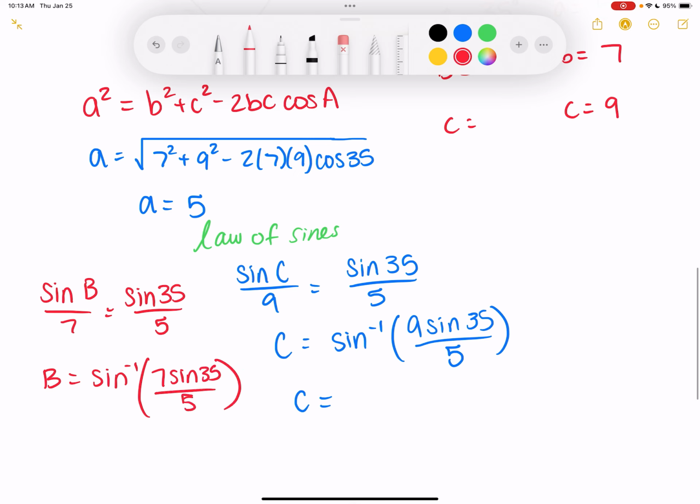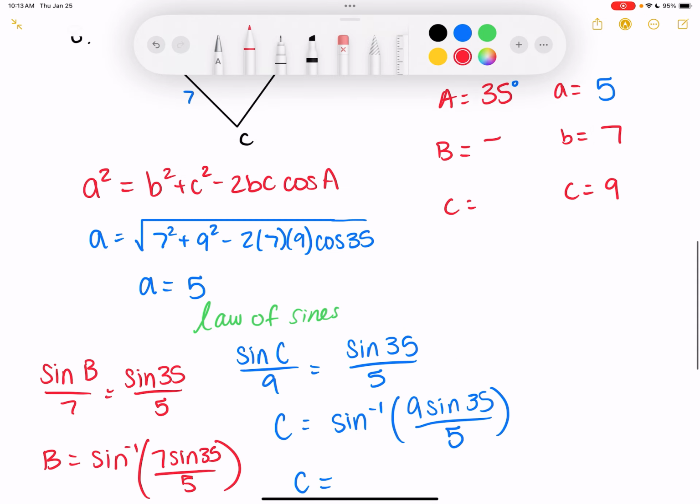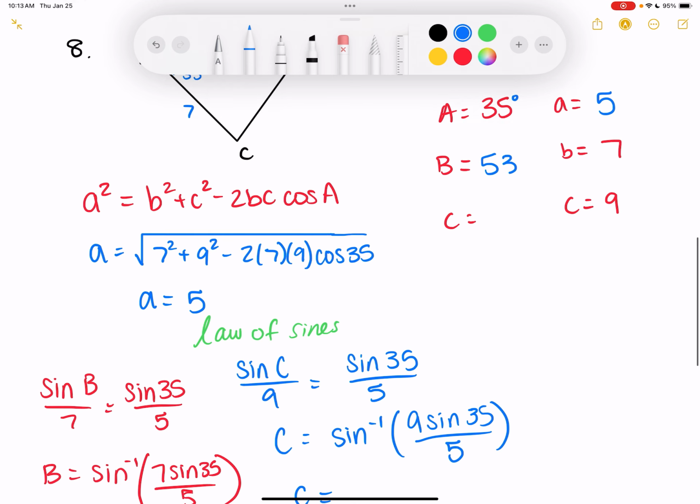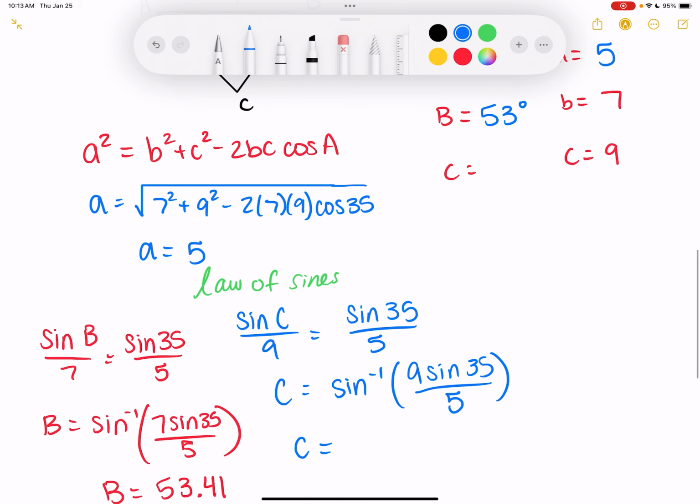Try that one and see what happens. 53.41. Okay. All right, so we'll call that 53. I honestly don't know why the other one didn't work, but anyways.